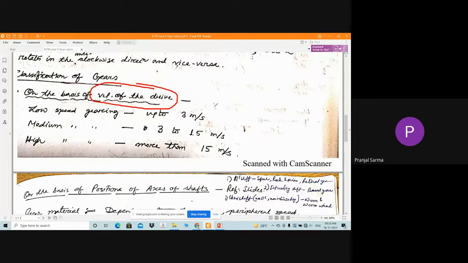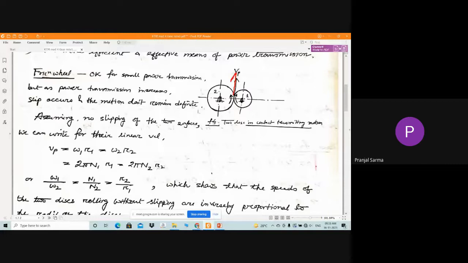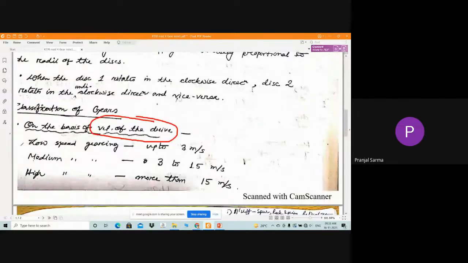This velocity we are talking about is the peripheral velocity, this PP that we are talking about. Based on the velocity of the drive we can categorize gears as low speed gearing, medium speed gearing, and high speed gearing.